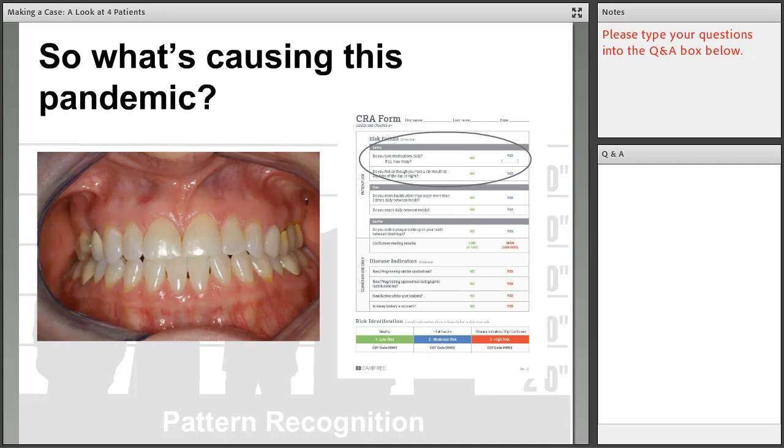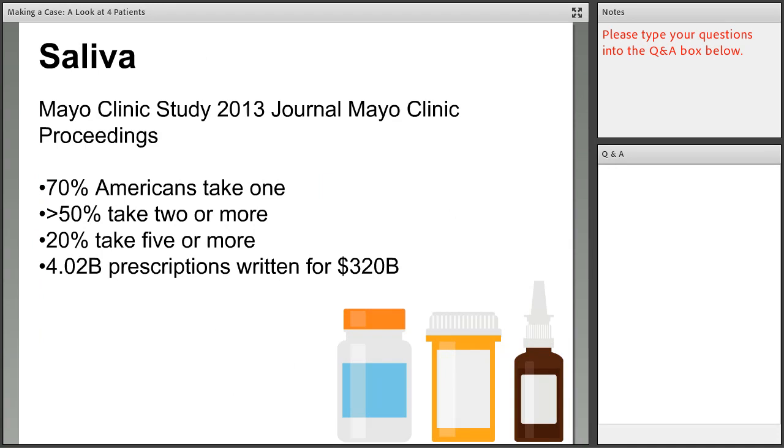I mean, if you stop and think about the data here, you can walk into the room and you look at the radiographs up on the screen and you see decay. 2 out of 3 times this patient has a dry mouth. And this is across all age demographics, because 70% of Americans are taking at least 1 prescription medication per day. 55% are taking 2 or more, 20% are taking 5 or more.